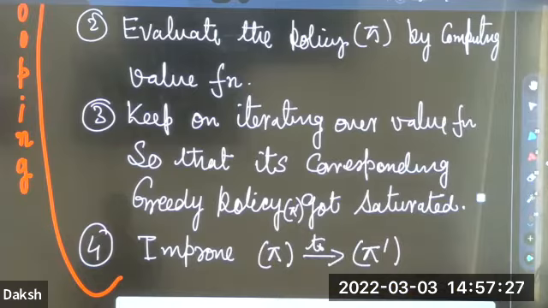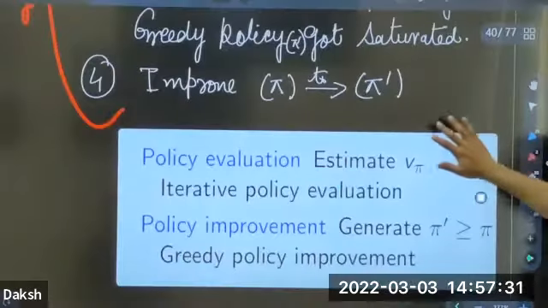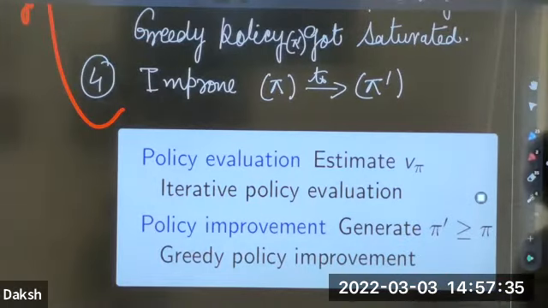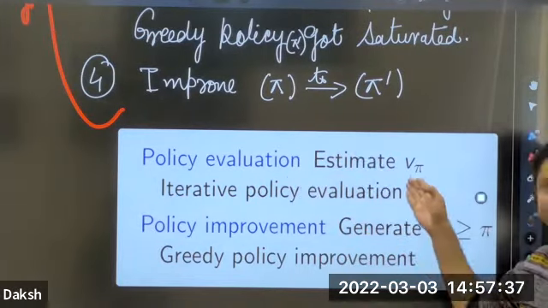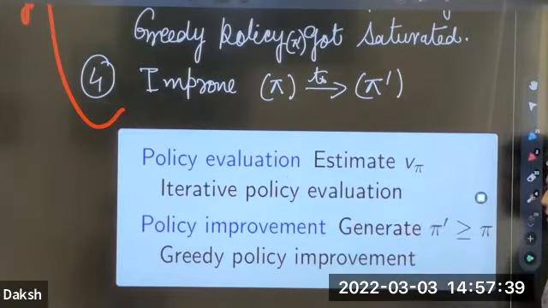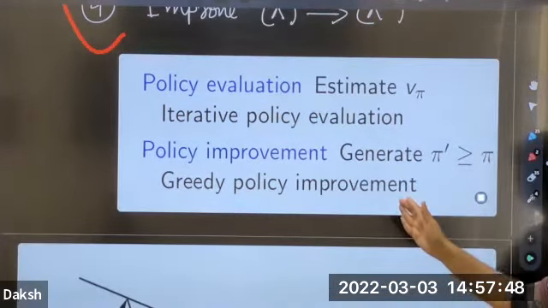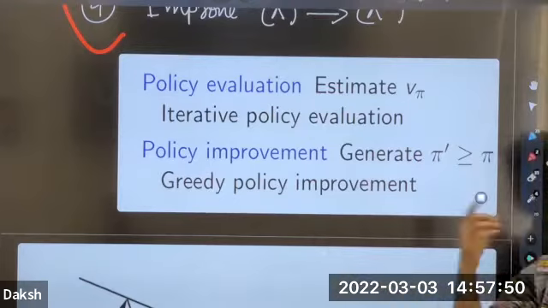So this is policy evaluation and policy improvement. Policy evaluation: you give me the policy, I will tell you v pi. And policy improvement means that pi dash is better than pi. It is guaranteed that pi dash is going to be better than pi if you are applying the constructs.